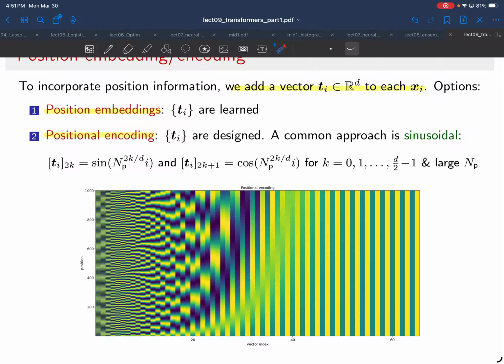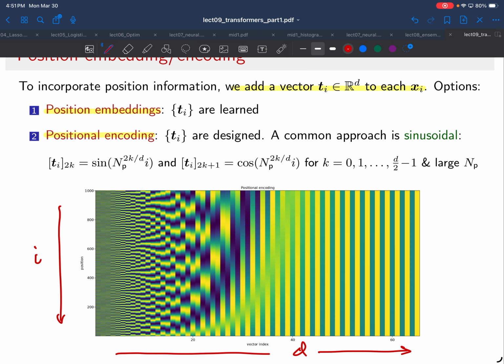This is a picture using a heat map. This is position i, and this is the embedding dimension D. This would be for 64-dimensional embeddings, and looks like a context length of 1,000. So you can see how the pattern across D changes with time.